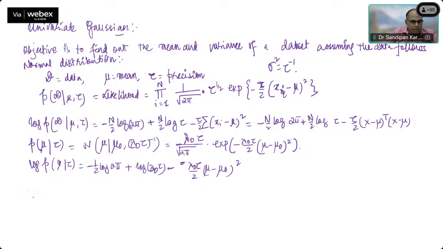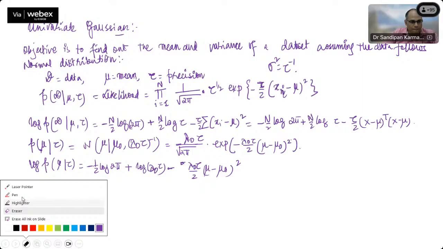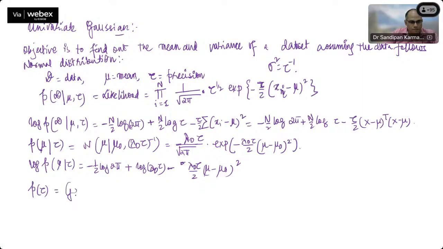Next is the p of tau. P of tau is assumed to be a gamma distribution, of tau given a naught, b naught. Can anybody tell me what the PDF of this gamma will be? Yesterday what did we do?